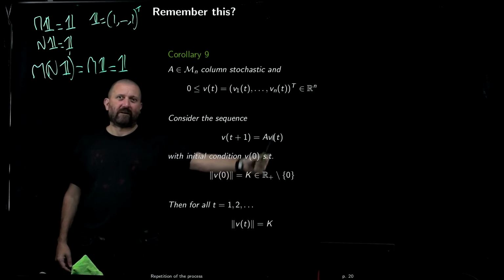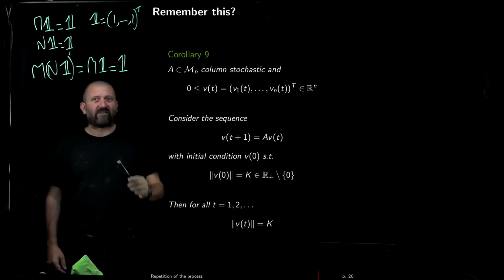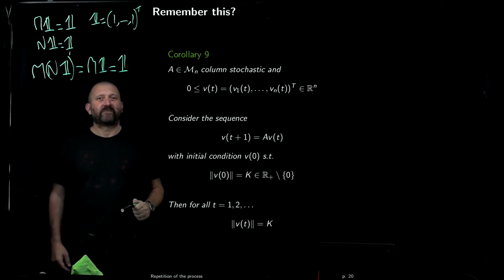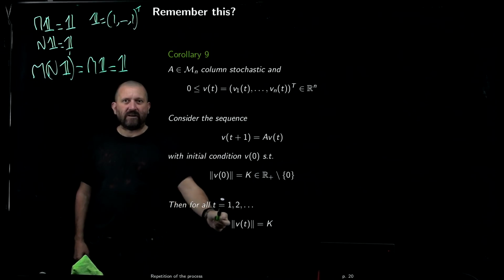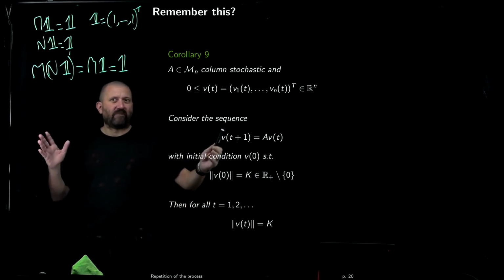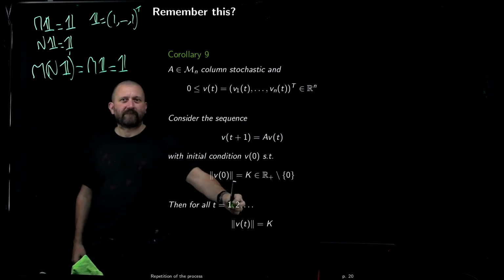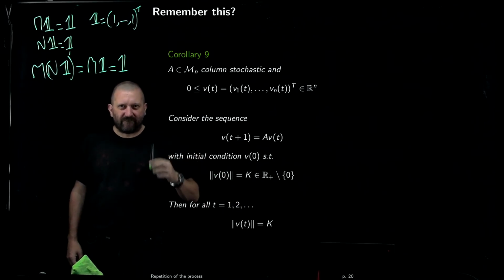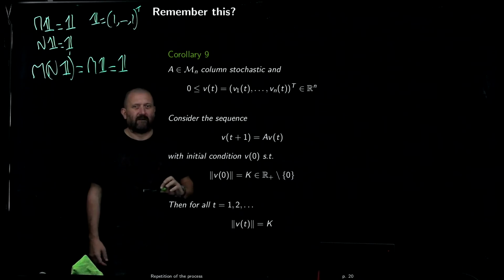So I'm multiplying A by a column vector, and A has all its column sums equal to 1. Well, if I impose that in this sequence, the first entry has norm, the sum of its elements, equal to K, then this is going to be true for all subsequent terms.